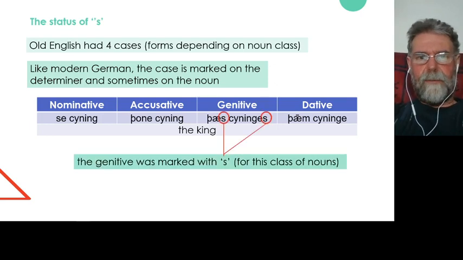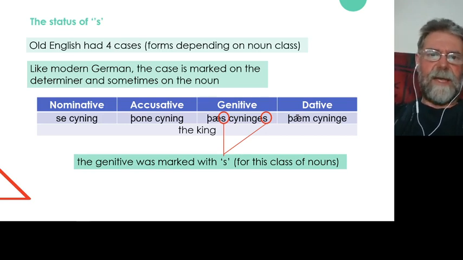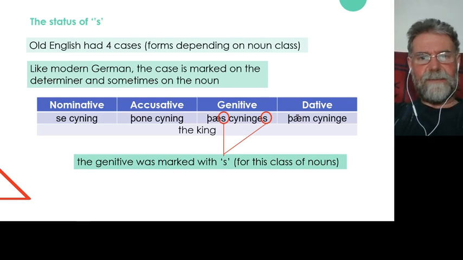Now, the important observation to make here is the form of the genitive, both on the determiner, thas, and also on the noun itself, this particular noun, we get cyninges. It's an S form. Okay, and that is the historical root of the S genitive in modern English.